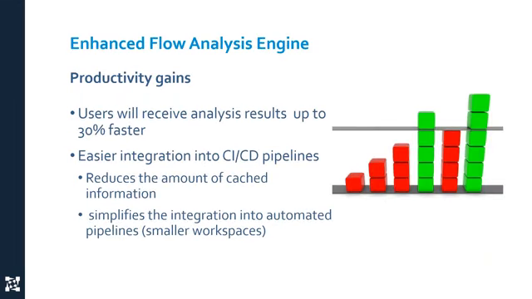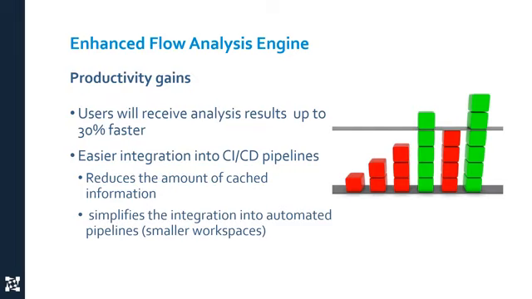Now, some of the productivity gains have also been around performance. Performing static analysis sessions, particularly on modern C++, can be very time-consuming, especially when flow analysis rules are enabled on large code bases.